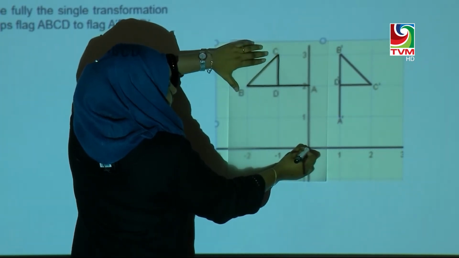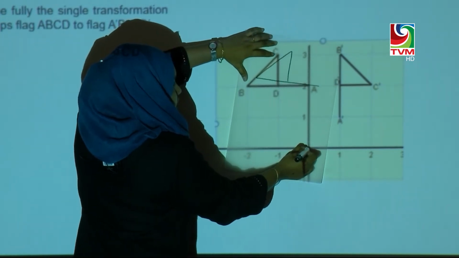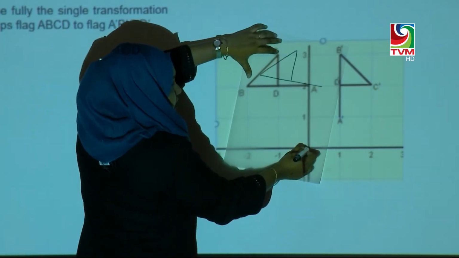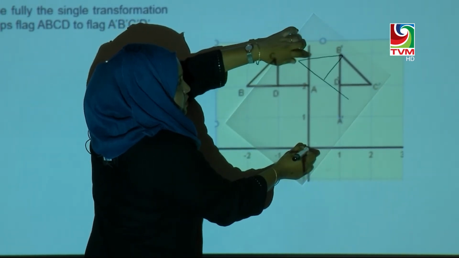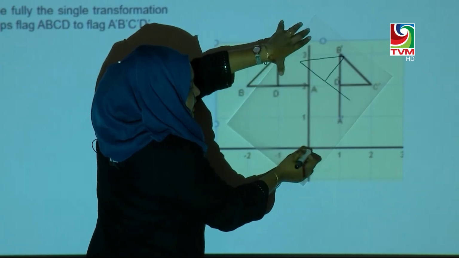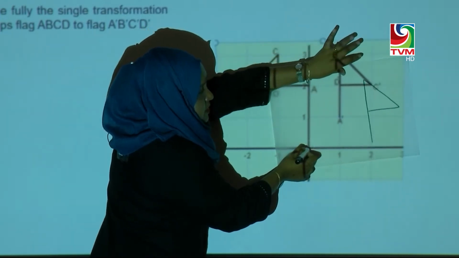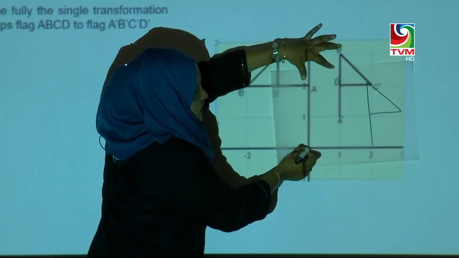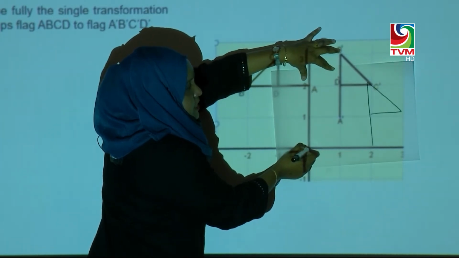Since it is a clockwise rotation, I am going to rotate the tracing paper clockwise. So if this is the center of rotation, when I rotate the paper, the traced shape will exactly fit on top of the image. As you can see here, this is not the center of rotation.